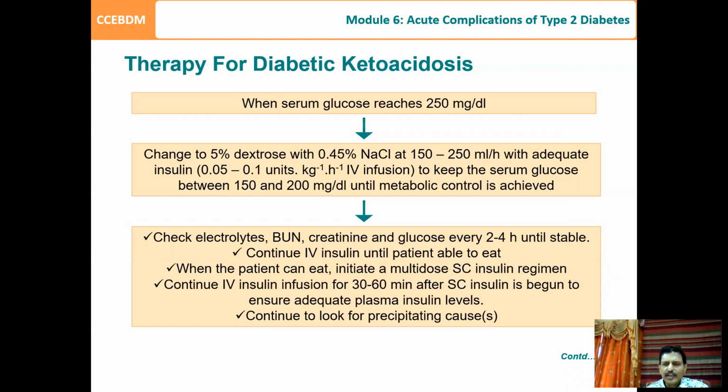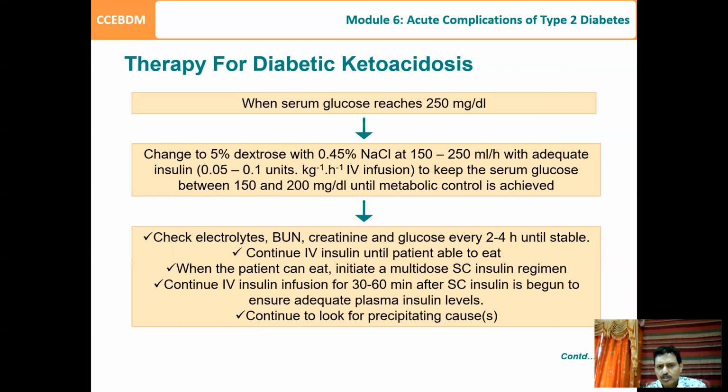So when the patient can eat orally, you can shift the patient from the IV insulin to the subcutaneous insulin regime. And in most situations, subcutaneous insulin regime means that we give a basal bolus regime. Basal bolus means we give 3 short-acting insulin and 1 long-acting insulin. So this is our conventional approach when we shift the patient from IV to subcutaneous insulin.